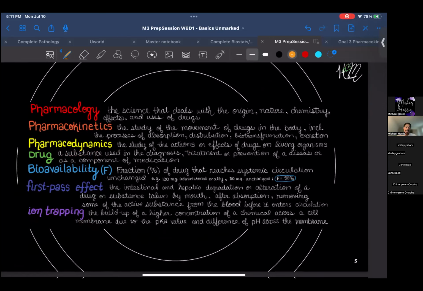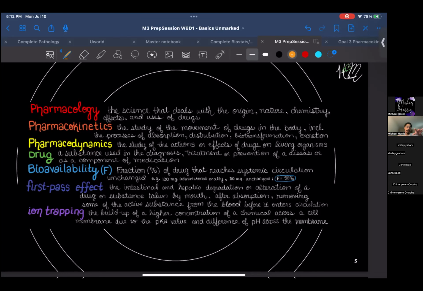So in all honesty, pharmacokinetics and pharmacodynamics is to help you group things into different categories: this is how the drug moves around, how it's absorbed, how it's excreted, versus this is how it works on the organism.